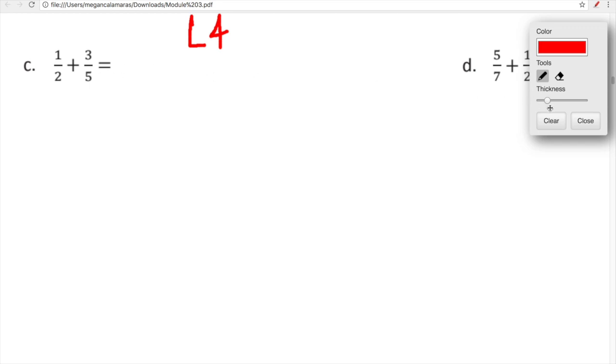It is very, very important that we stay consistent with our modeling, meaning our first number, we are going to use vertical lines in our model. Our second number, this 3/5, we're going to use horizontal lines when we model. It is very important that we stay consistent with this. If it helps you to set up this note before you're modeling, go for it.